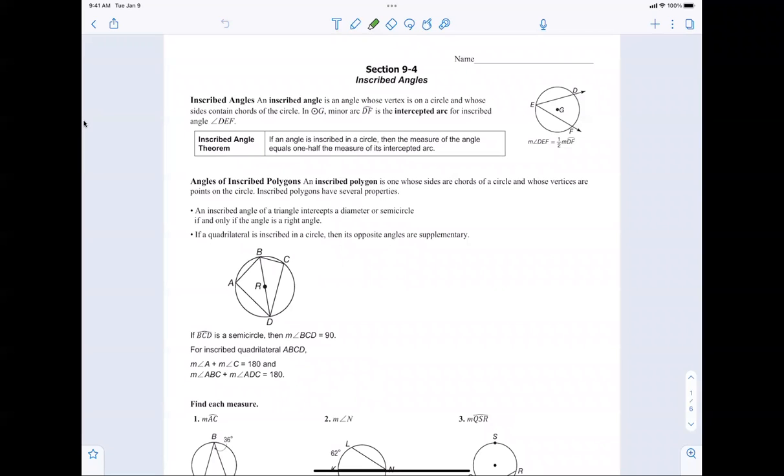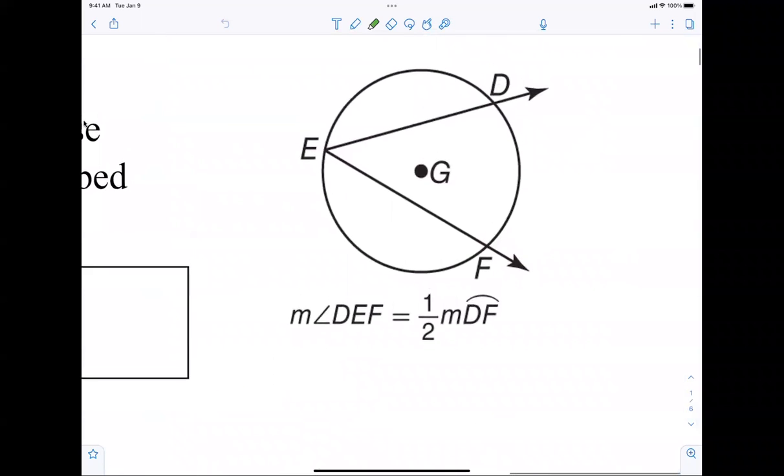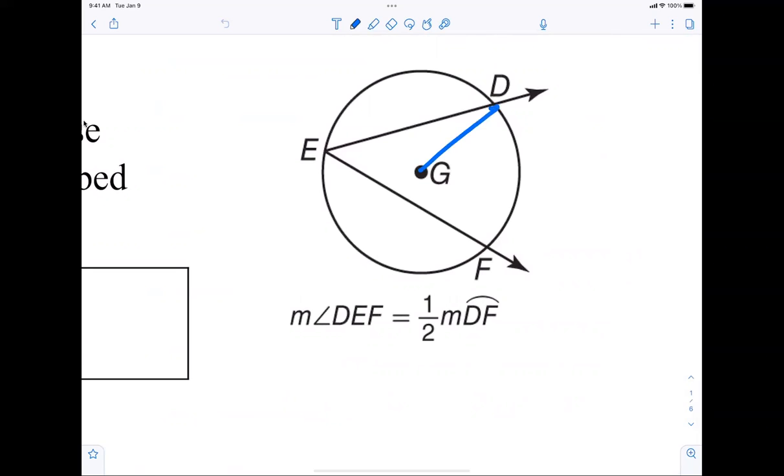Okay, so the most important thing I can tell you today is we had a central angle, and we said from this example up here, if I were to draw angle GD, or try to draw GD, and then if I were to try to draw GF, I'm trying to remind everybody that this angle is the same as this angle, right?